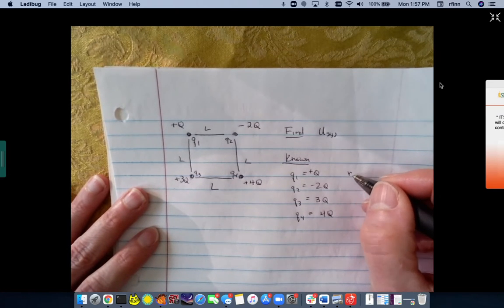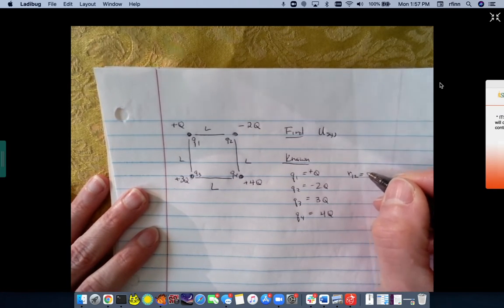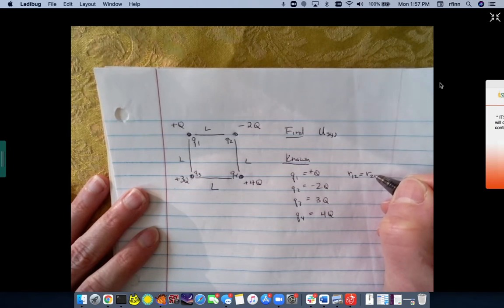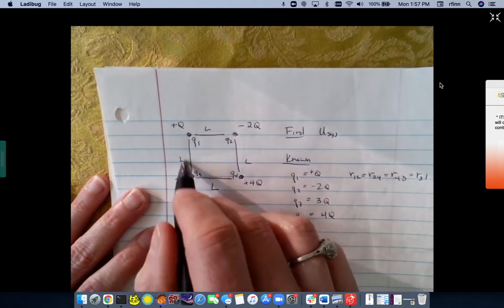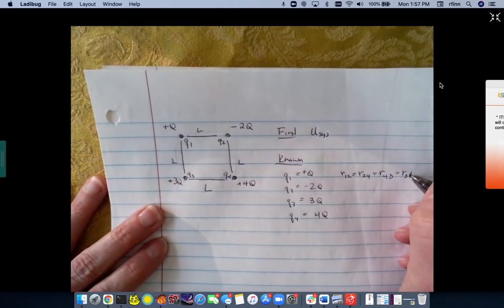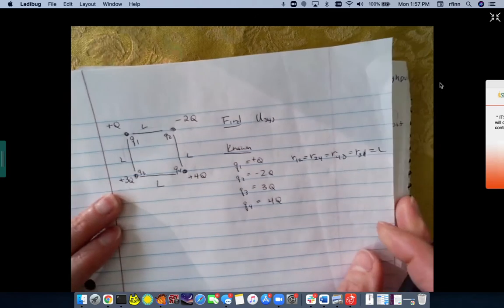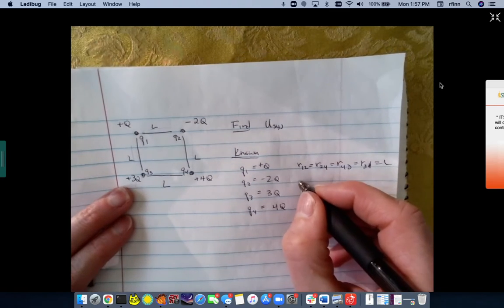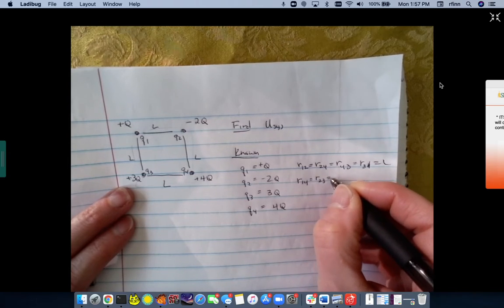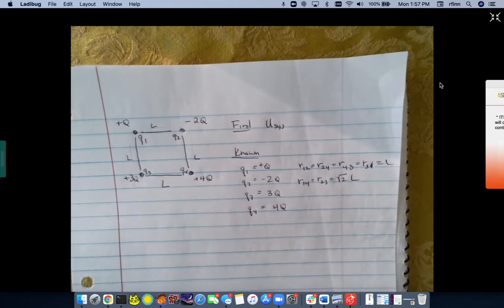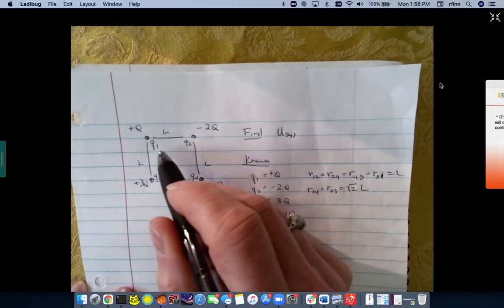We know R12 equals R24 equals R43 equals R31. So that's just going around the perimeter. All of those distances are L. And then we know the distances R14 and R23 are going to be the square root of 2 times L, because those are the diagonals of the square.